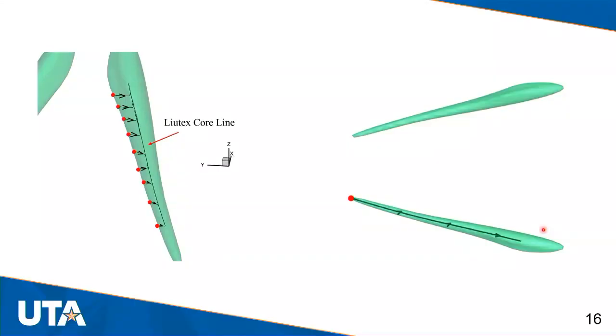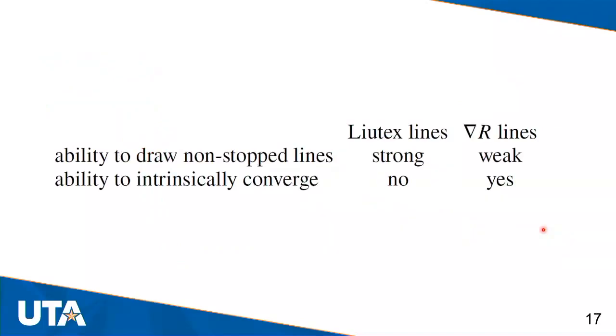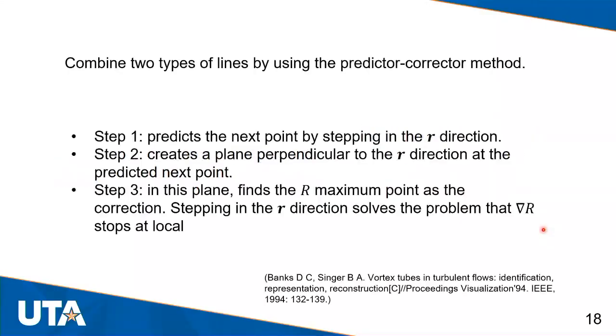So this is the problem of the gradient line. It's hard to get a complete structure of the vortex. So each line has its strong and weak properties. So what do we do?